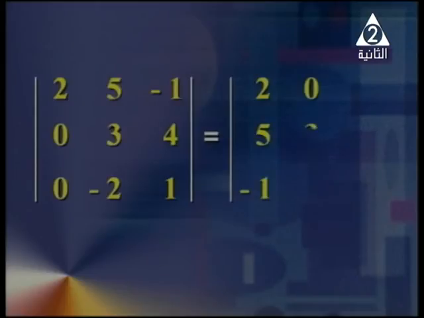Example, look at the determinant. The first determinant 2, 5, negative 1; 0, 3, 4; 0, negative 1, 1 equals the determinant with 2, 5, negative 1 as the first column. The first row is the first column. 2, 5, negative 1, the first row must equal 2, 5, negative 1, the first column.